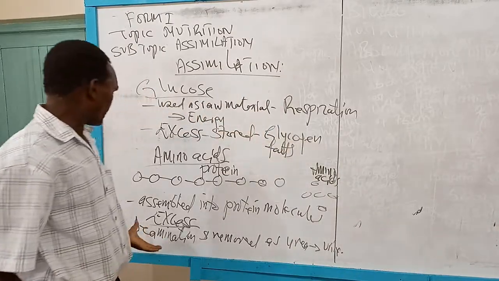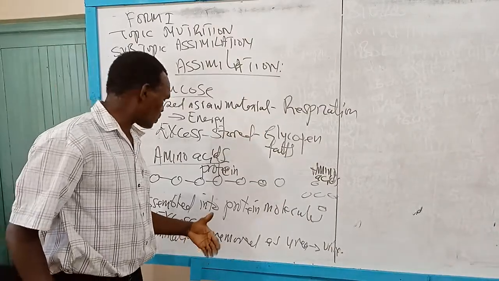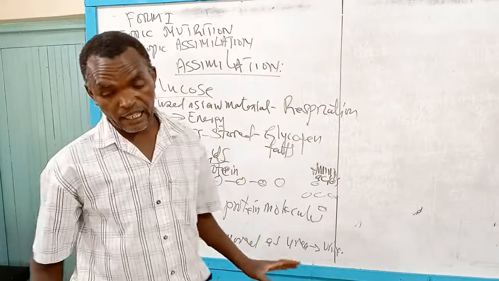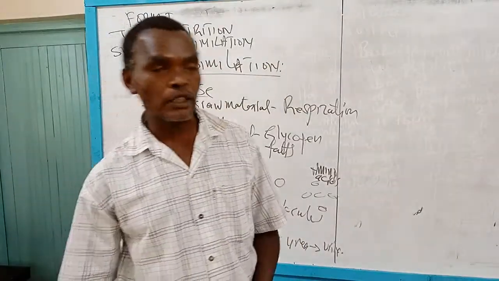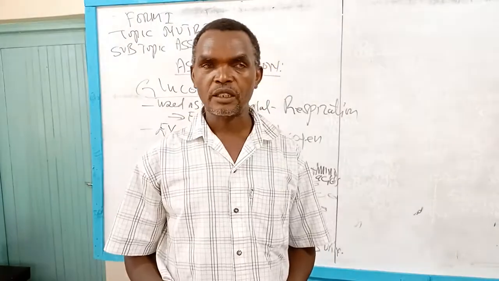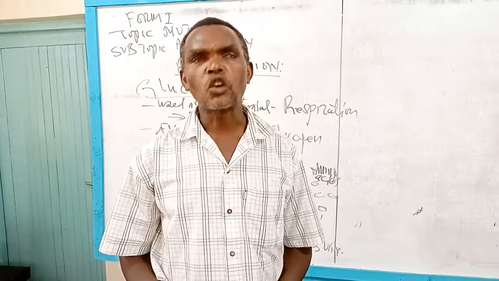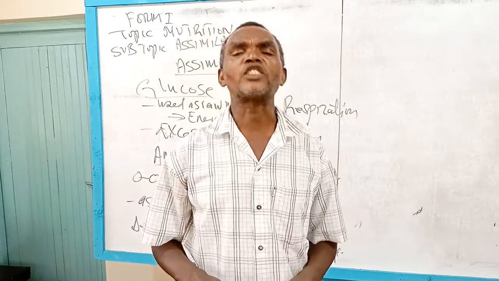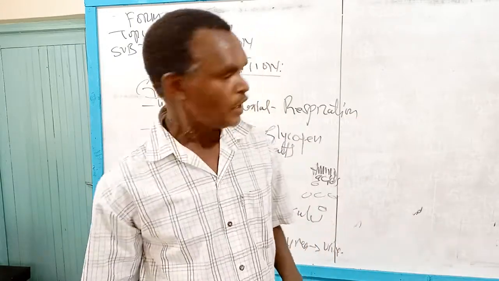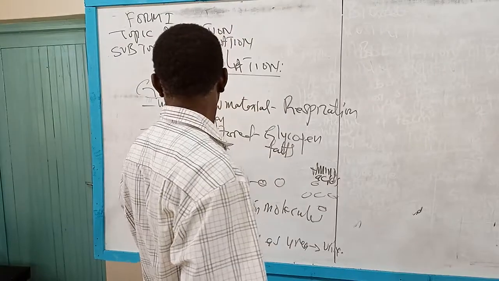So the excess of the amino acids is broken down. There is nothing like storage of amino acids. Therefore, when you eat too much protein, you are actually wasting, because most of it you take to the toilet as urine anyway. So much for that. Let's move to others.